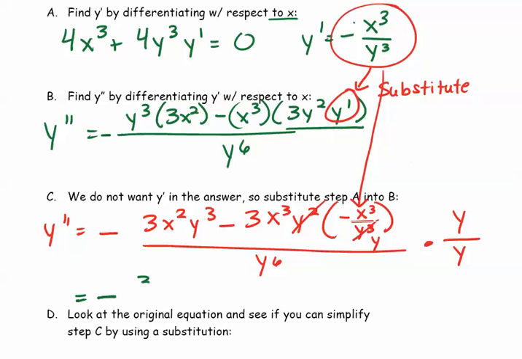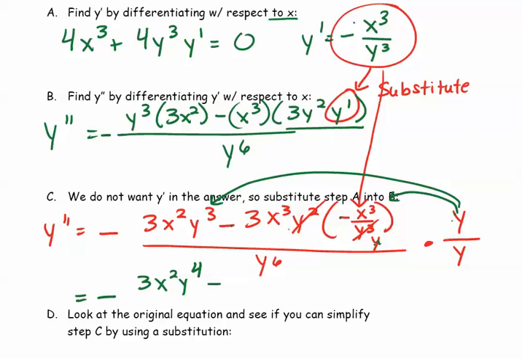So we have our 3x squared y cubed. And now in our next term, sorry, I forgot to do exactly what I was doing here, multiplying by y. So it's not y cubed, it's y to the fourth. And then here when we multiply, this y will cancel with the y. That was our goal here.